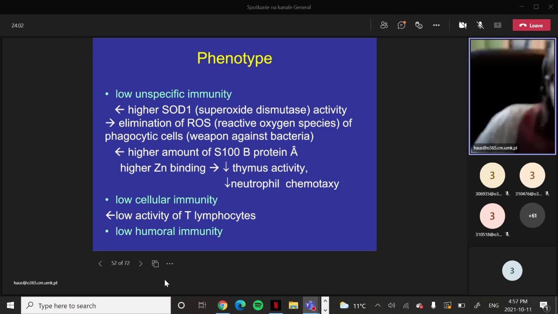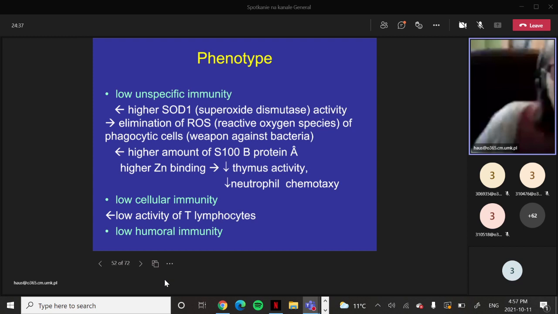So phagocytic cells have low levels of this reactive oxygen species. Okay, and another mechanism: a high amount of S100 beta protein because of an additional copy of the gene for this protein on chromosome 21.